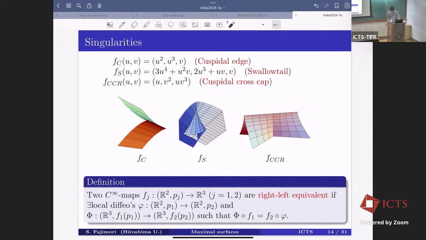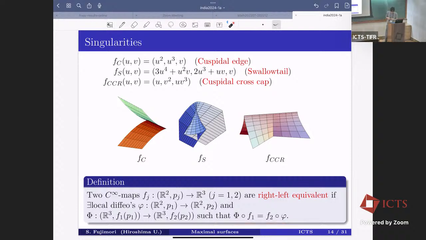Okay. And in general, two C-infinity maps are called right-left equivalent if there exists a local diffeomorphism phi in the source space, and a local diffeomorphism in the target space such that this holds.